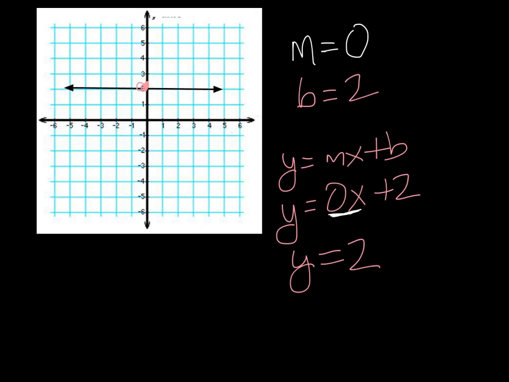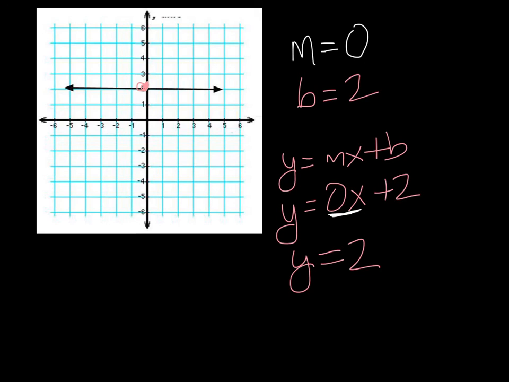Now that might not make sense at first because the horizontal axis we know is the x-axis, and the vertical axis is the y-axis, so it kind of seems opposite. Well, here's the thing to remember. A horizontal line, there is no rise, so it never changes. The y is always the same.